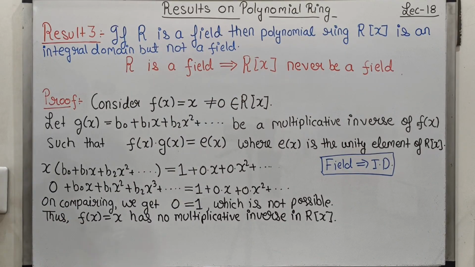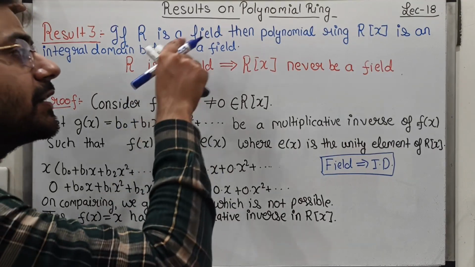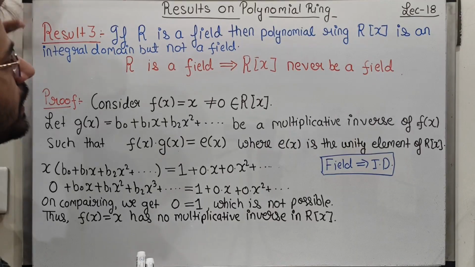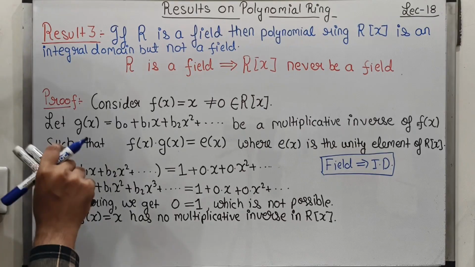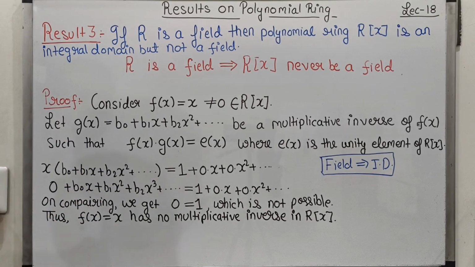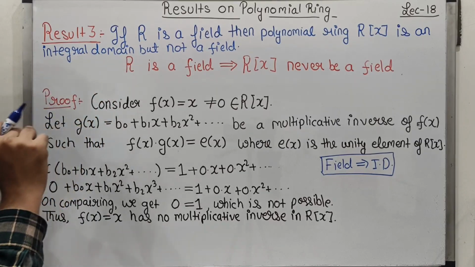Here we can say that if the parent ring is a field, then the polynomial ring is an integral domain, but not a field. So I hope this result number 3 is clear to you. I will discuss some examples related to it so that you have a proper understanding of result number 3.